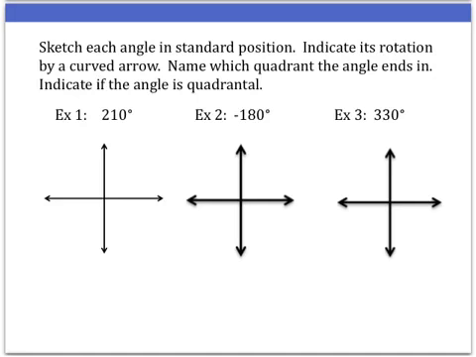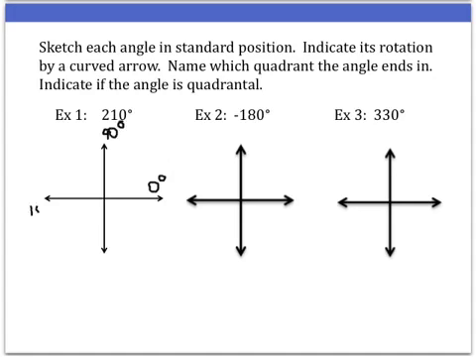Now, before we go through these examples, I'd like to first begin with talking about angle measures. Going all the way around a circle is 360 degrees. Your initial side is where you start, at 0 degrees. You go straight up, this is 90 degrees.